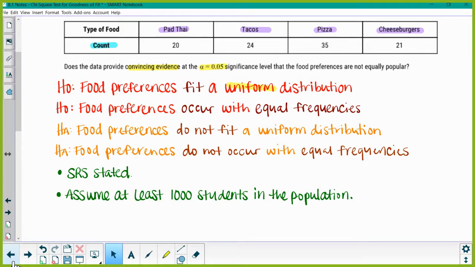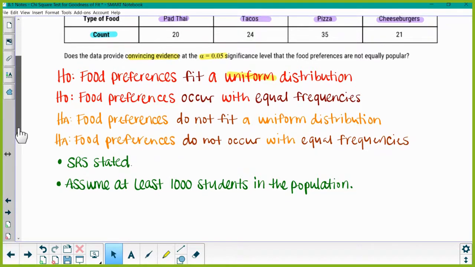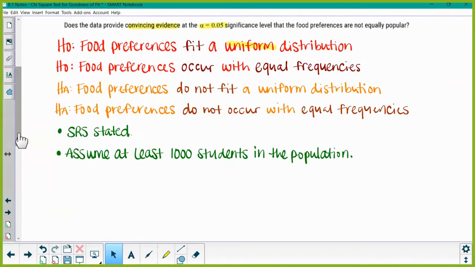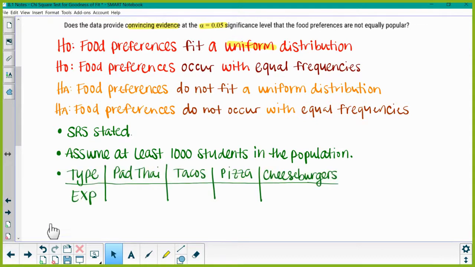Now, the third condition is our expected counts condition. This is where we have to go in and look at what the claim is. Mr. Choate wants to see if they're equally popular. And so we have to list out these expected values for each category. What I like to do, especially because AP is so particular about this, is basically copy the table that I am given, or set up a table similar to what data I have.